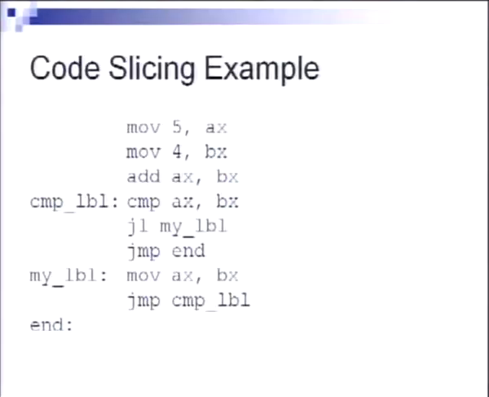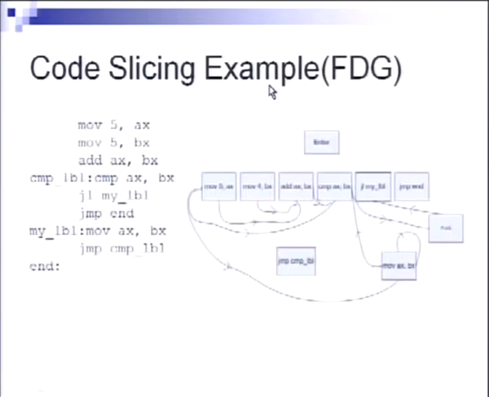So a slicing example. We got a little application here that doesn't actually do anything. It's just some forced control flow. Moves down here. If it's less than, which it will be, jumps down here, sets it equal to, jumps back up, and then it's not less than, so it jumps to the end. So this is the flow dependence graph for this particular set of instructions.